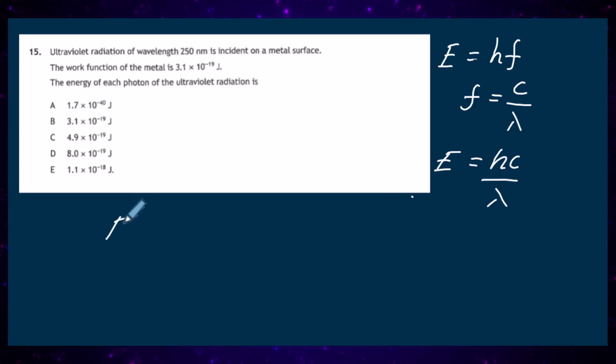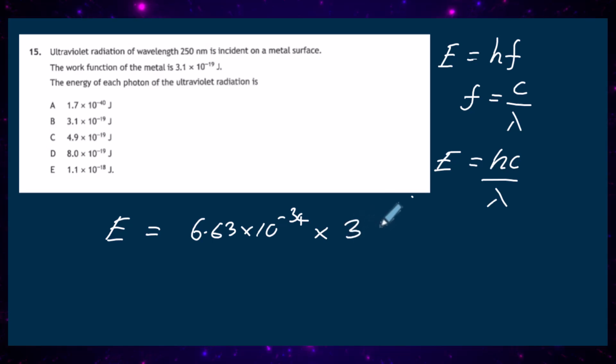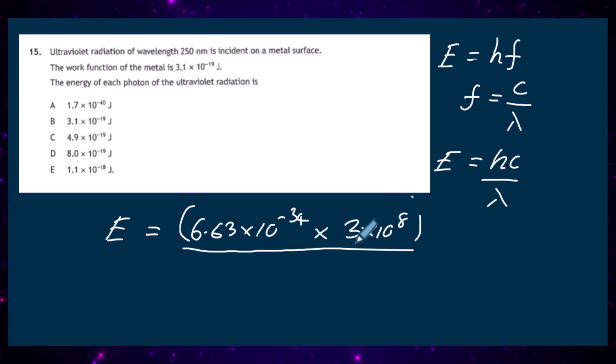So energy E: Planck's constant, 6.63 times 10 to the minus 34, multiplied by the speed of light, 3 times 10 to the power 8, put that in a bracket to contain it, and we're dividing that all by the wavelength, which is 250 nanometers, which is 250 times 10 to the minus 9 meters.